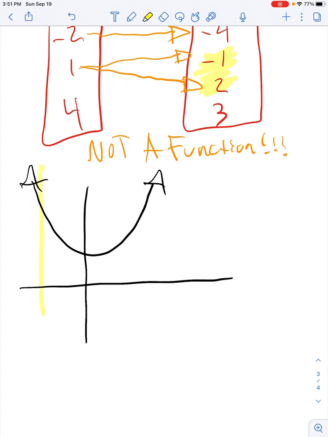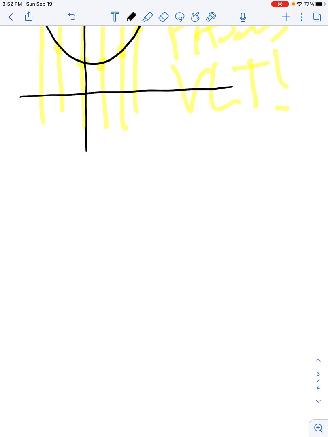So the vertical line test only touches my graph one time, every time. Okay, so again, that's called the vertical line test. So this passes VLT, vertical line test.